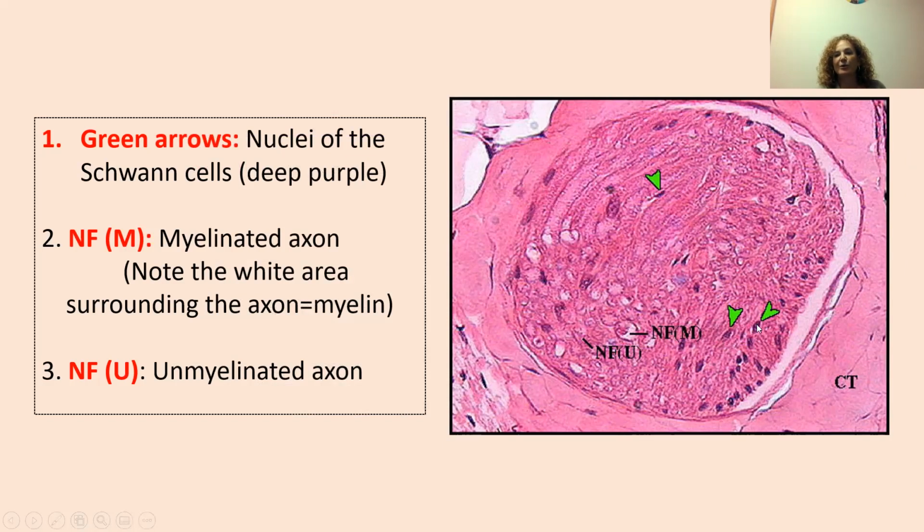These little purple dots that you see here are the nuclei. They're actually the nuclei of the Schwann cells. You can see this little white space, which is the myelin sheath. The myelin sheath is composed of a lot of lipidous or fatty tissue.